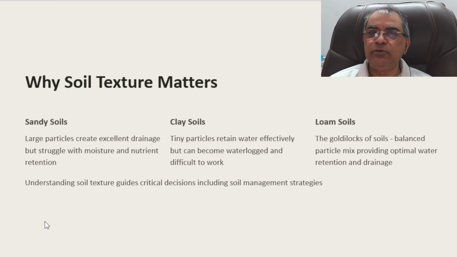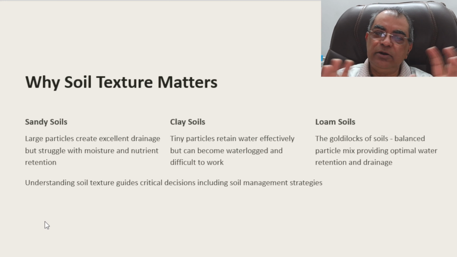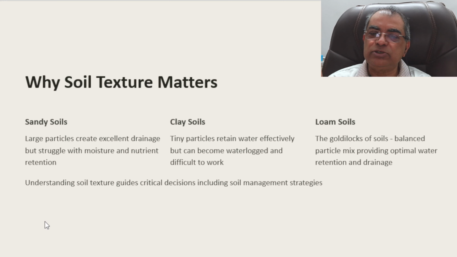When I was working in Qatar, if rain came, there was a lot of waterlogging because the soil would not absorb it. Loam soil is the Goldilocks of soil, a balanced particle mix providing optimal water retention and drainage. So these are the differences. Understanding soil texture guides critical decisions, including soil management strategies.